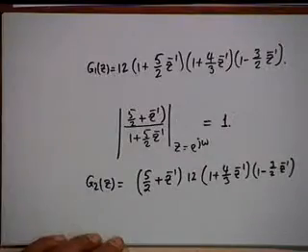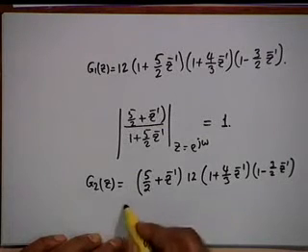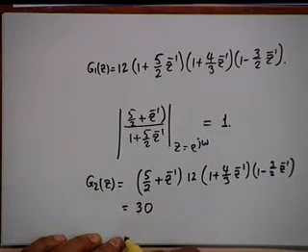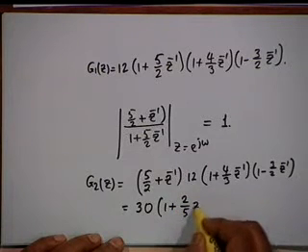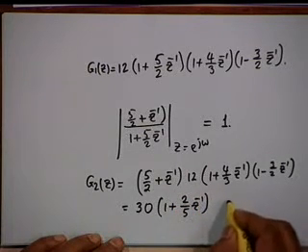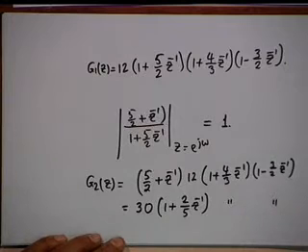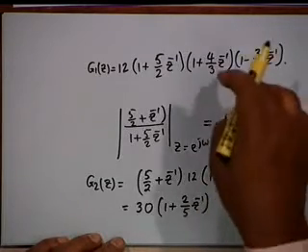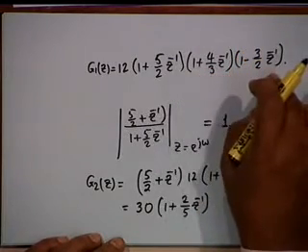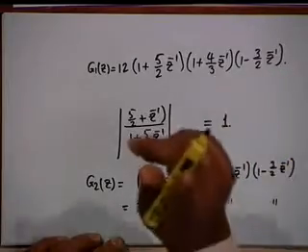But then you have to bring this 5 by 2 out, so it would be 30, 1 plus 2 by 5 Z inverse multiplied by these two factors. This will have the same magnitude response, and this is what you have to repeat for the other two factors taken one at a time.